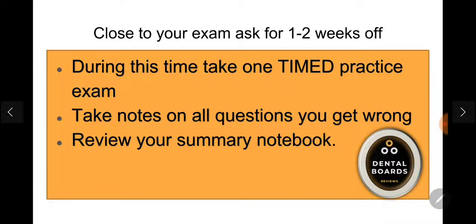Now, this is very important. I think many people have emailed me about how this has helped them a lot. Close to your exam, now that you have studied for about 4.5 to 6 months, take 1 to 2 weeks off to study and review, because when you do that, you need to take the practice exams.